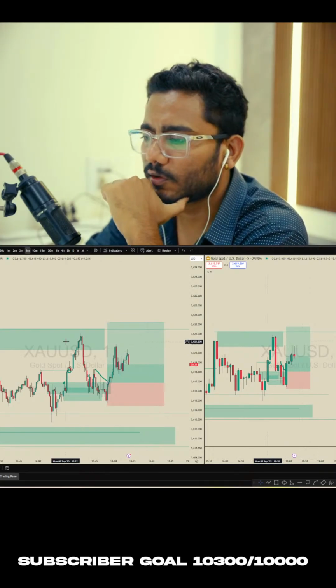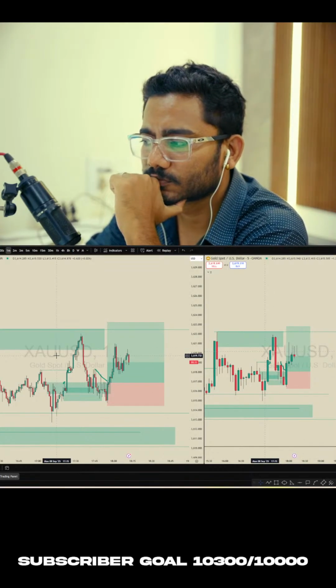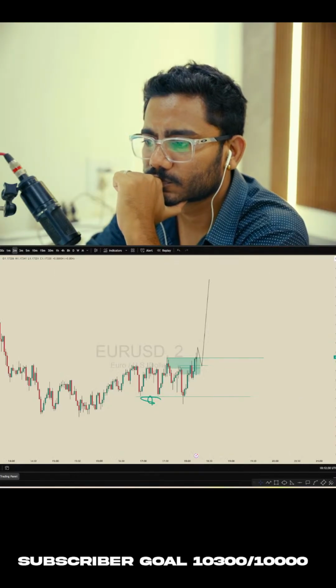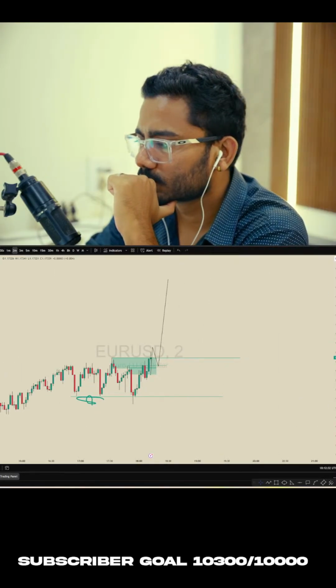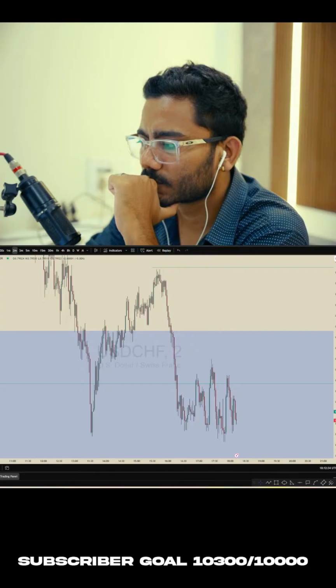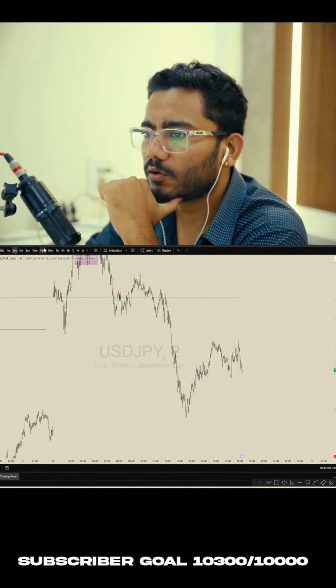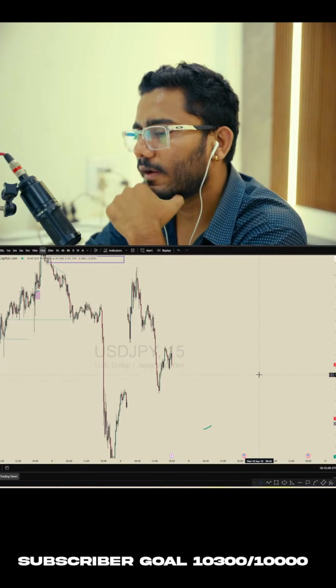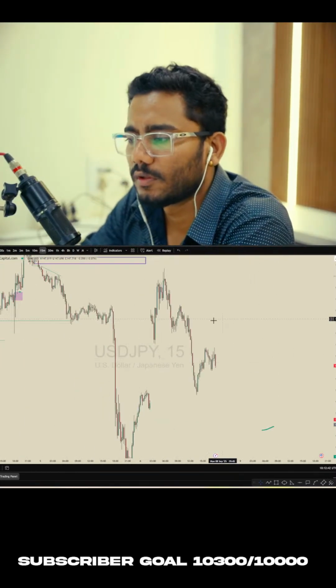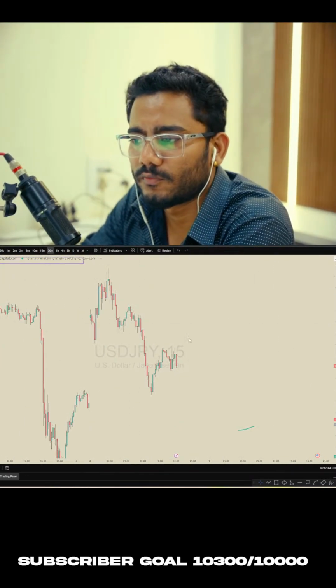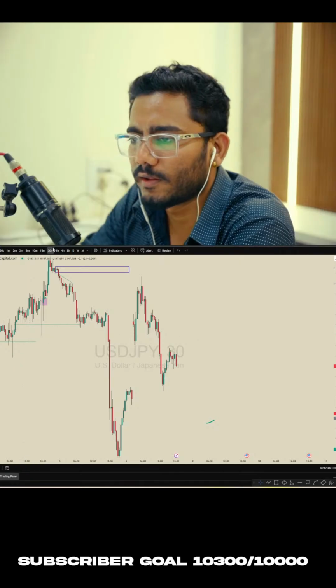USDJPY sell on FVG. I don't use FVG for entries, so I can't really tell from which area you can look for entry.